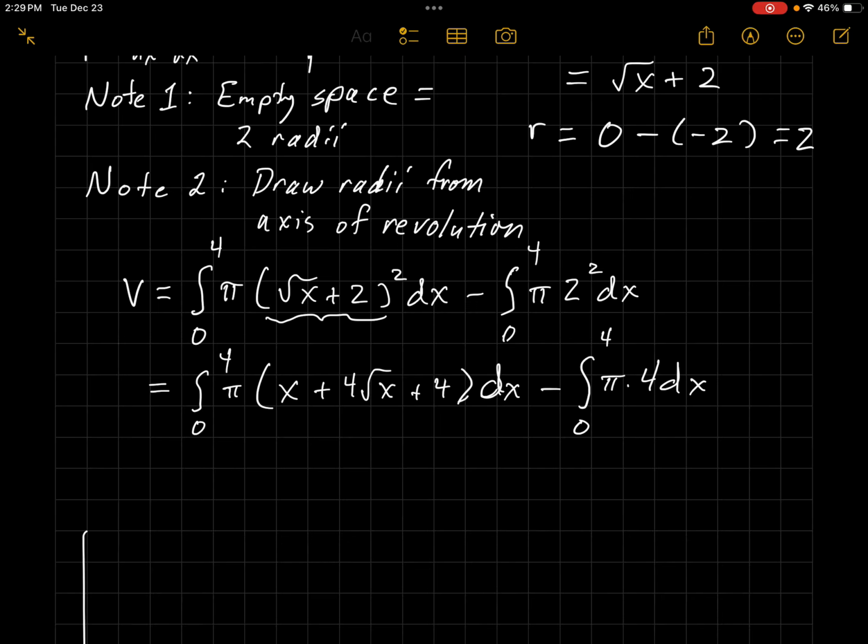And now we can find the antiderivatives. I will do something first, because I noticed that I have a 4 pi in the first integral, and I'll subtract a 4 pi in the second integral. So those will cancel, so I don't really need to worry about those. I can simply integrate this part with my pi factored out.